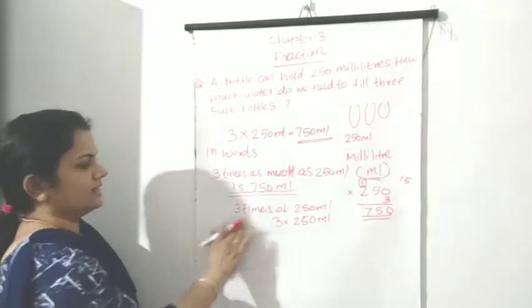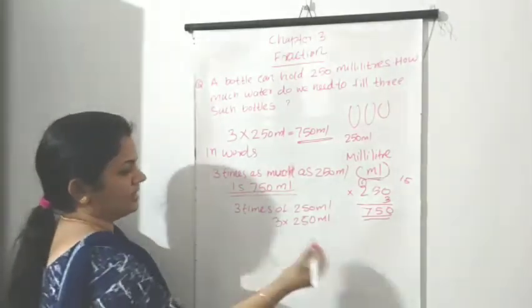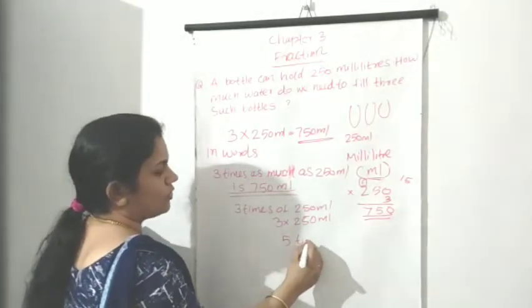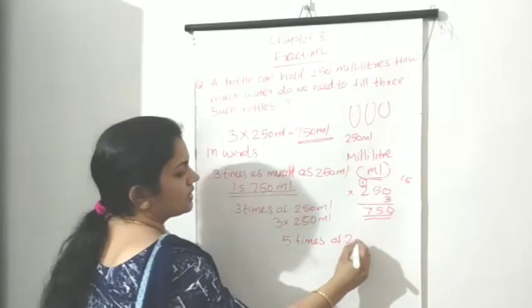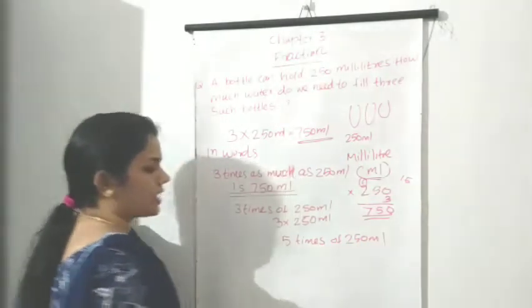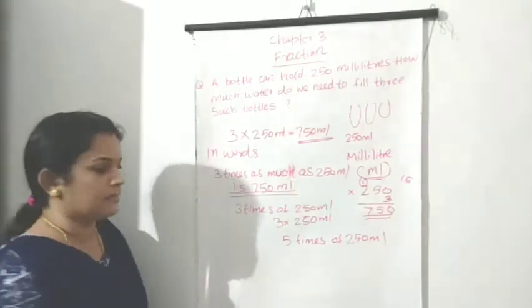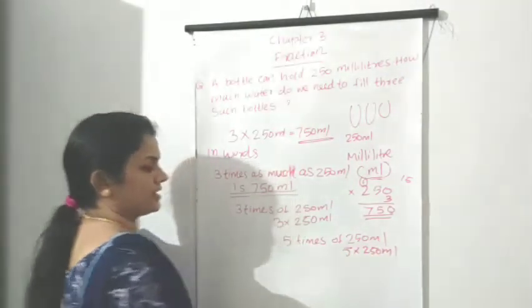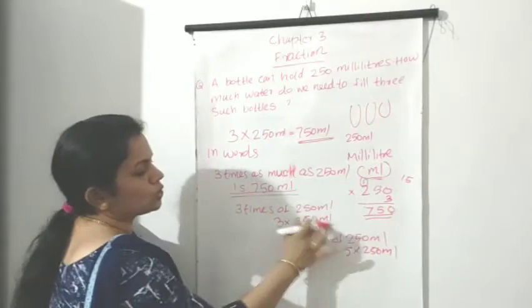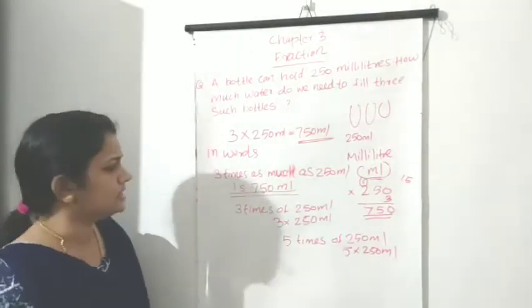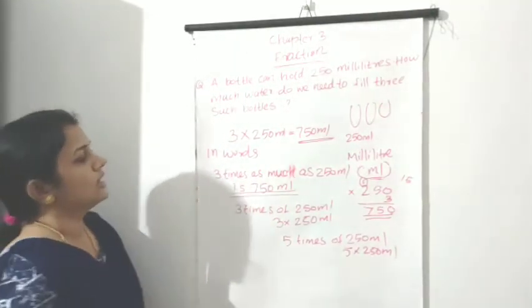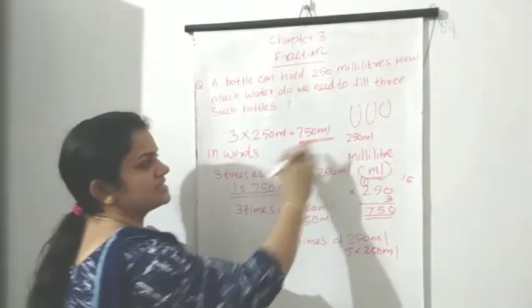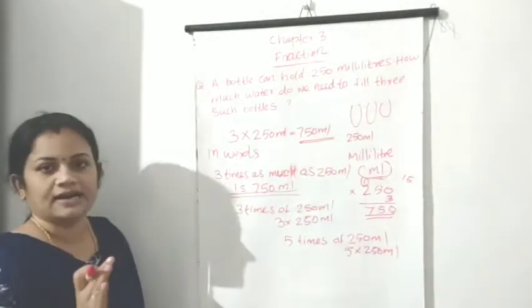Simply, we can say 3 times of 250 milliliter. Then 5 times of 250 milliliter, how to write? 5 into 250 milliliter. Understood? So, 3 bottles can hold 750 milliliter.